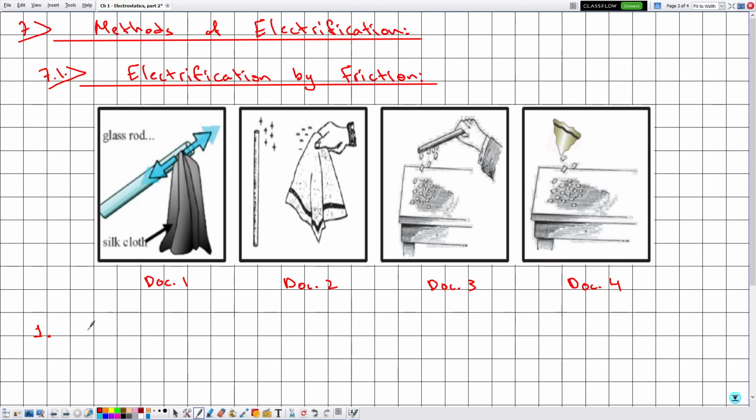Document 1 shows two objects of different materials that are rubbed against each other.